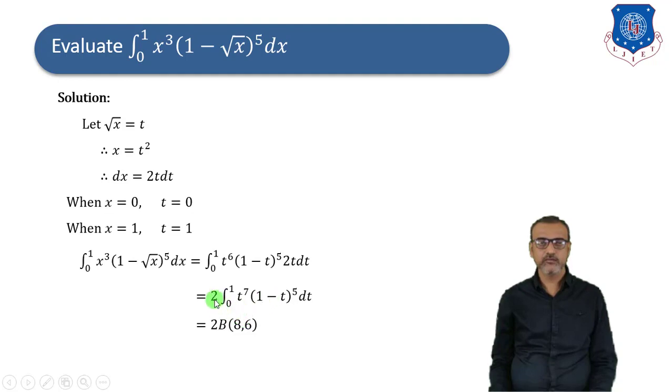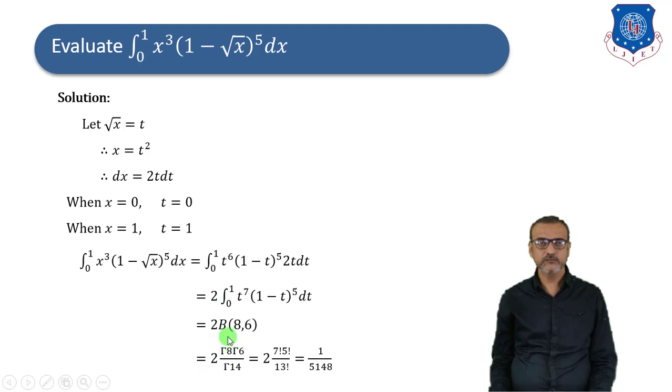By doing so, this whole integral becomes beta(8, 6), and this 2 will be as it is. Now we will evaluate the value of beta(8, 6) using the relationship between the beta and gamma functions: beta(m, n) equals gamma m into gamma n upon gamma (m plus n).